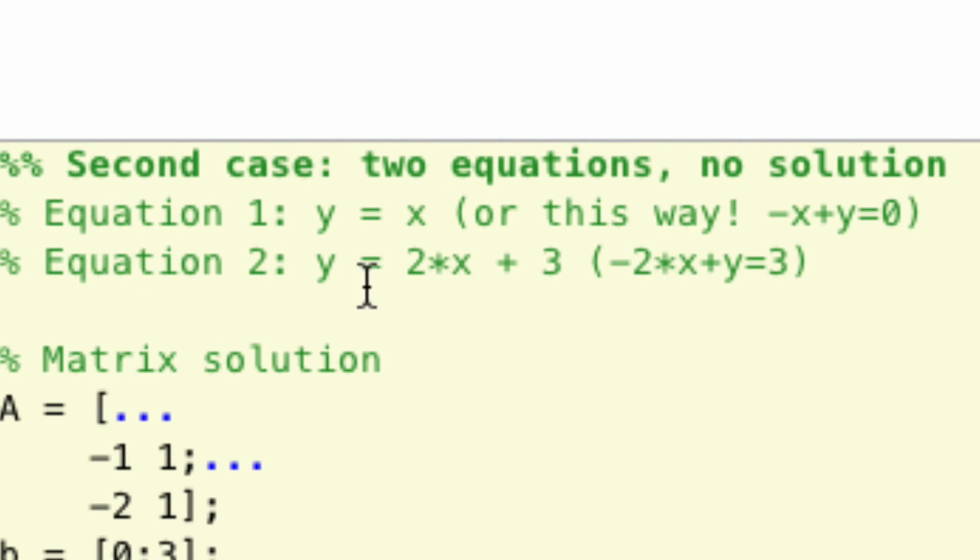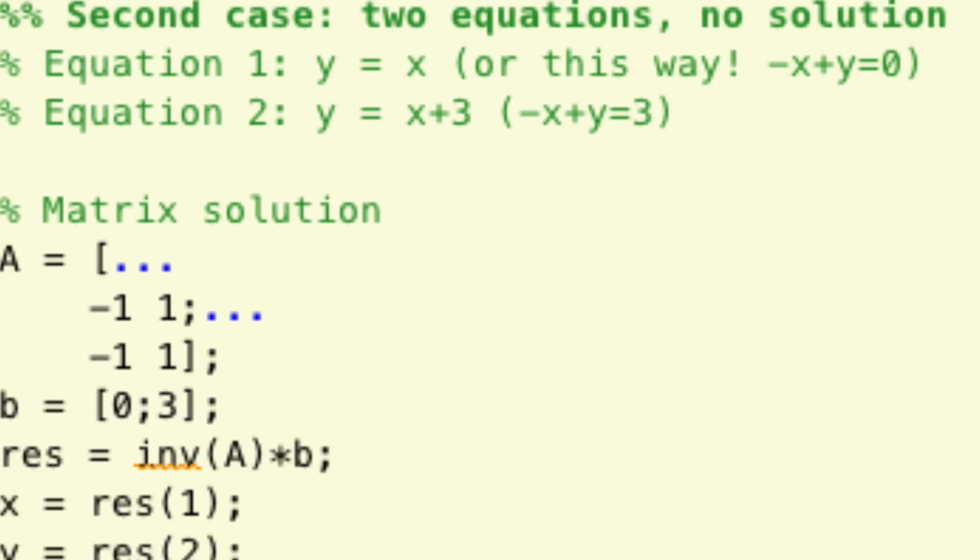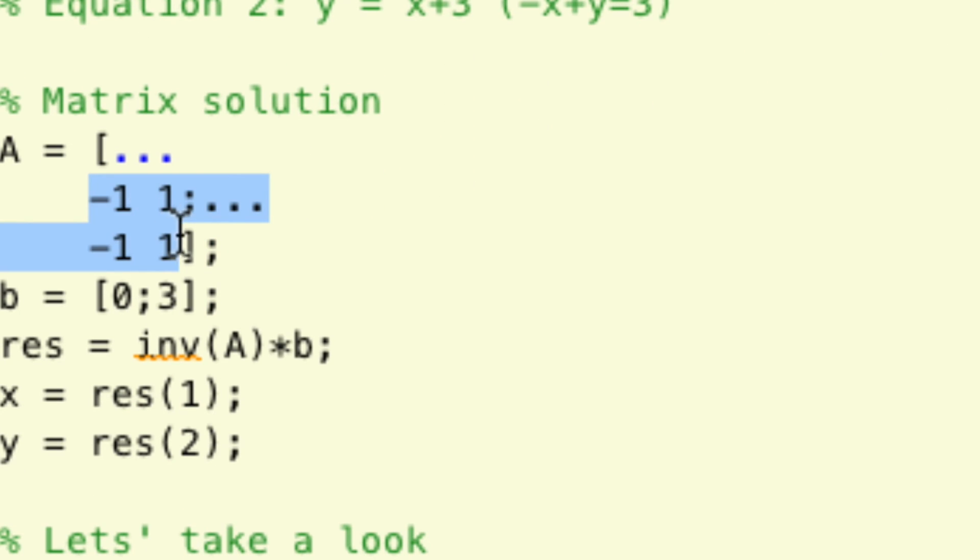And in this case, let's put equation 2 as y equals x plus 3. So I think y cannot really equal x and x plus 3 at the same time. Let's write this matrix. It is this one, and you can see this is a singular matrix.